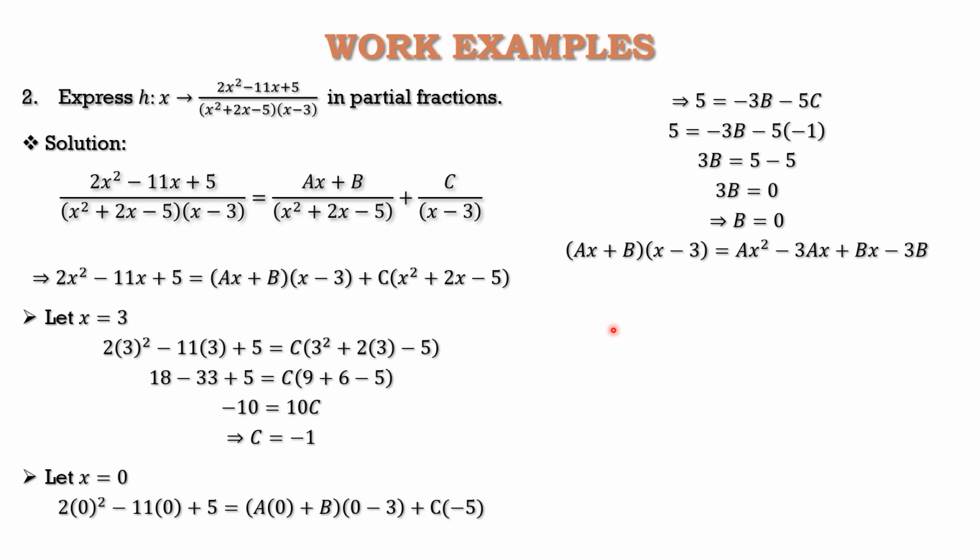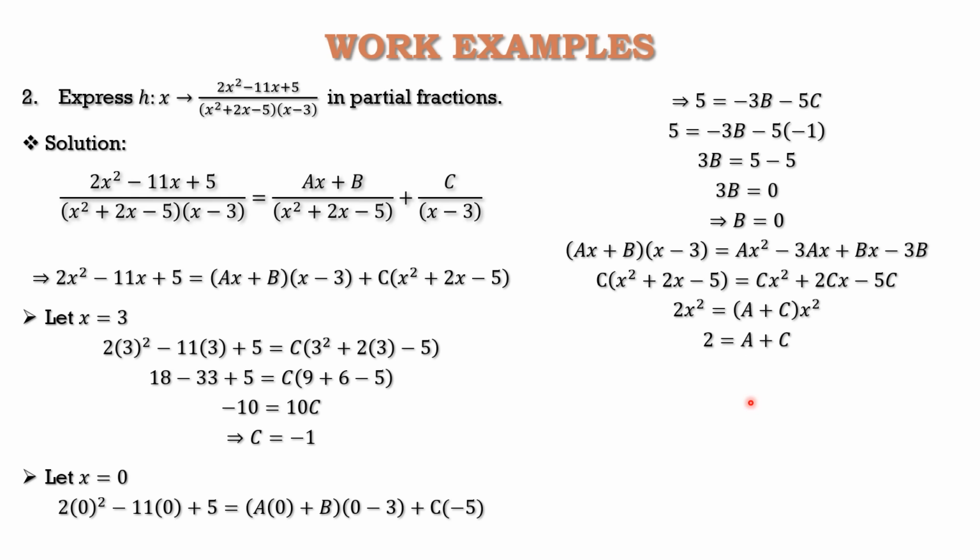Then we can also expand this term, then compare coefficients the way we have been doing it. So expand this term, we have ax squared minus 3ax plus bx minus 3b. Then expand this one, we have cx squared plus 2cx minus 5c. Then that will give us 2x squared equal to a plus c times x squared, because the coefficient of x squared on the left hand side is 2.